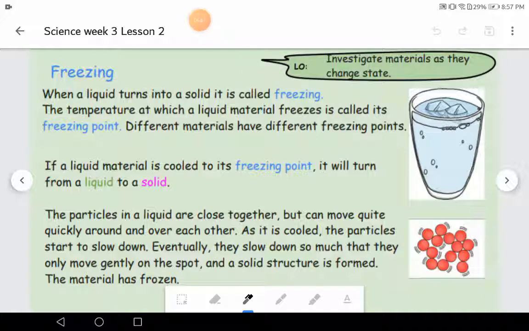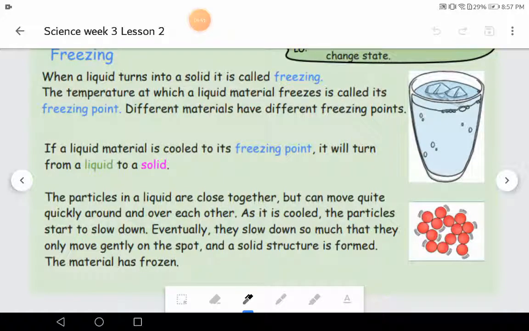Freezing. When a liquid turns into a solid, this is called freezing. Now, you know ice.